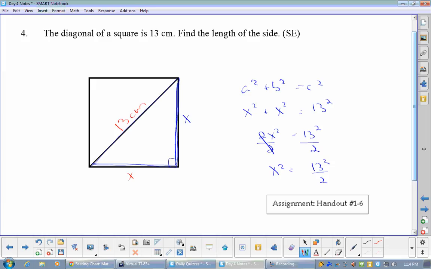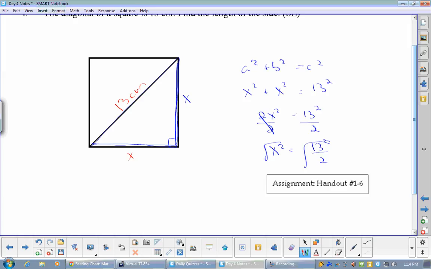This is the one thing we haven't done yet when people describe it to me. How would I find x? What do you do to x squared to find x? You square root it. So we will square root this as well. So I'm going to write it underneath.